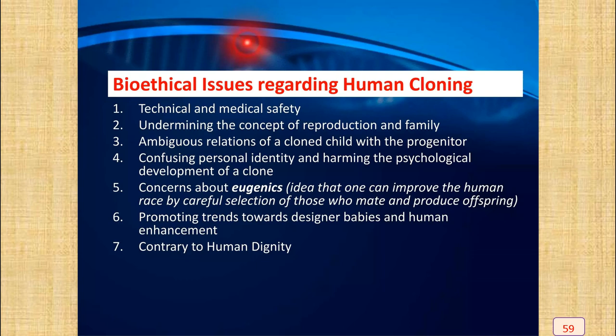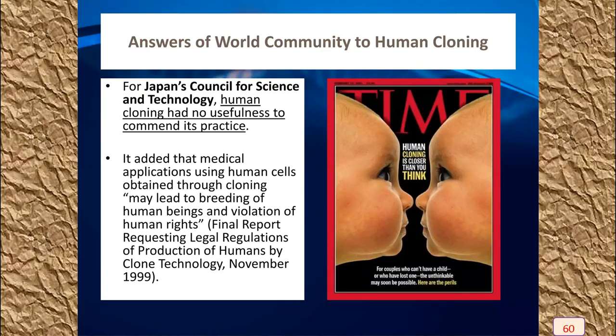Bioethical issues are also there. Many issues are there. We need to address all this, taking into account that the benefits are more when compared to the risks. So human cloning, of course, the Japanese Council for Science and Technology adopted it, may lead to breeding of human beings and violation of human rights.